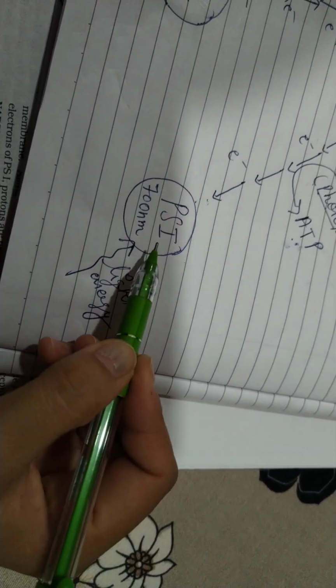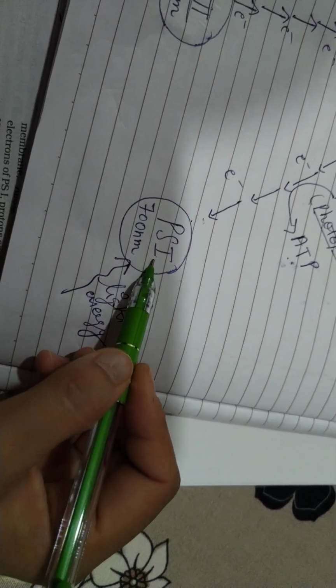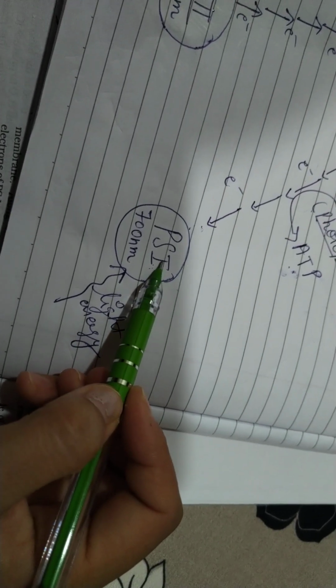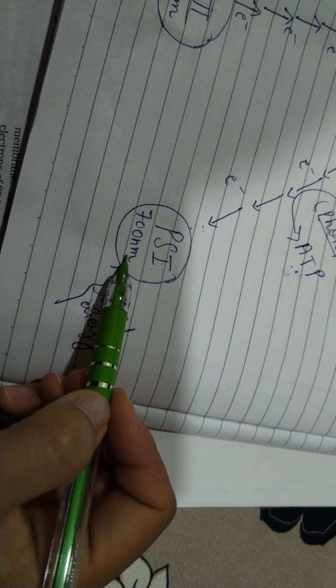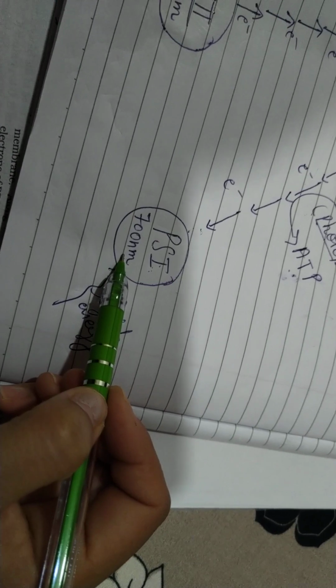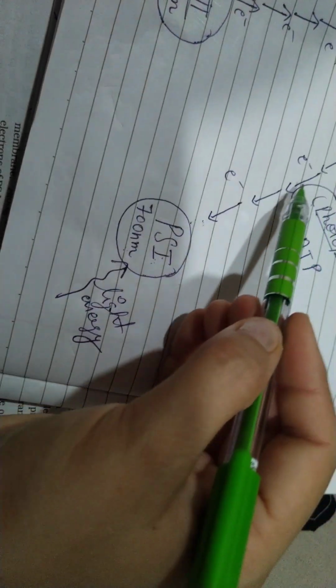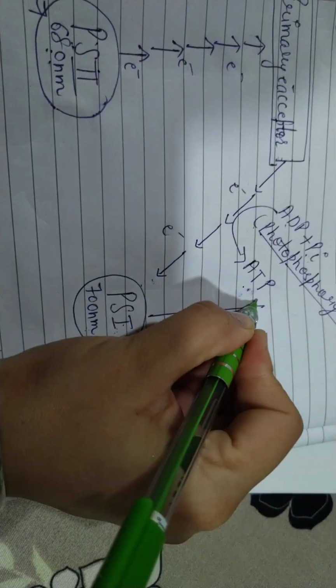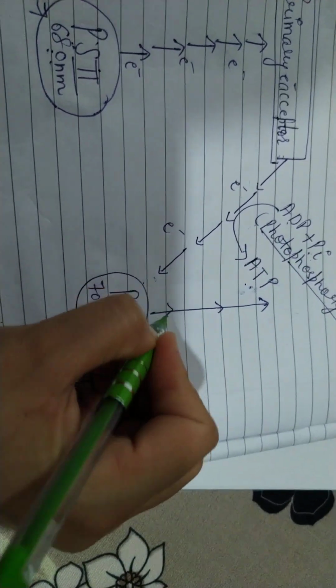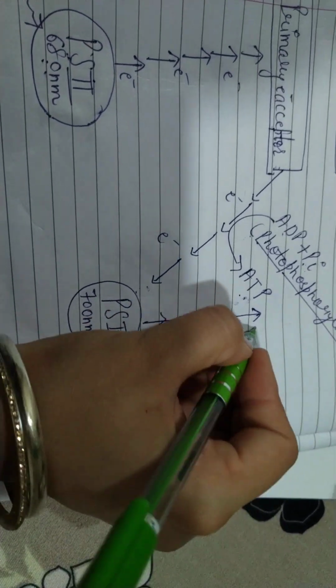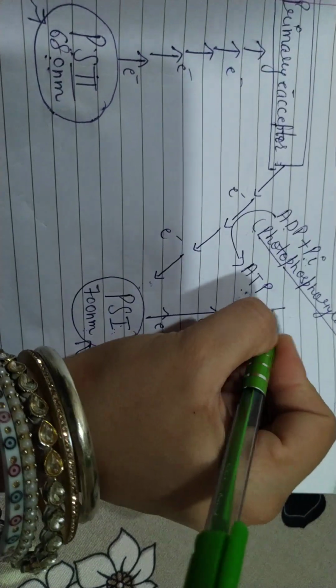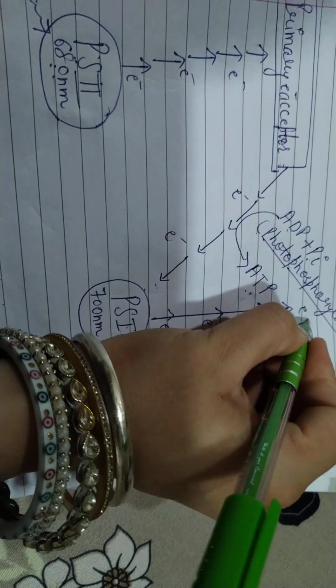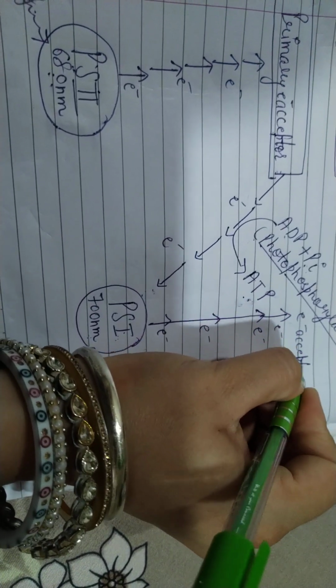As the light energy falls on photosystem 1, it will absorb light of wavelength 700 nanometer, as a result of which the electrons which are coming to photosystem 1 will again jump to a higher energy state, and here again you have an electron acceptor.